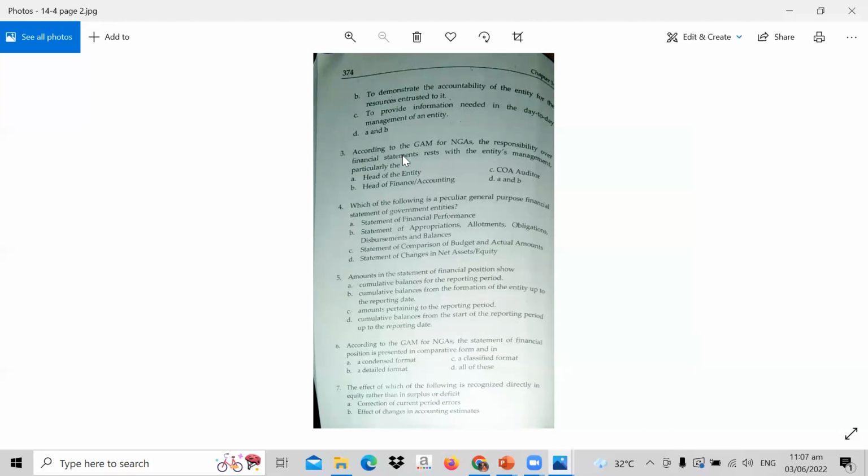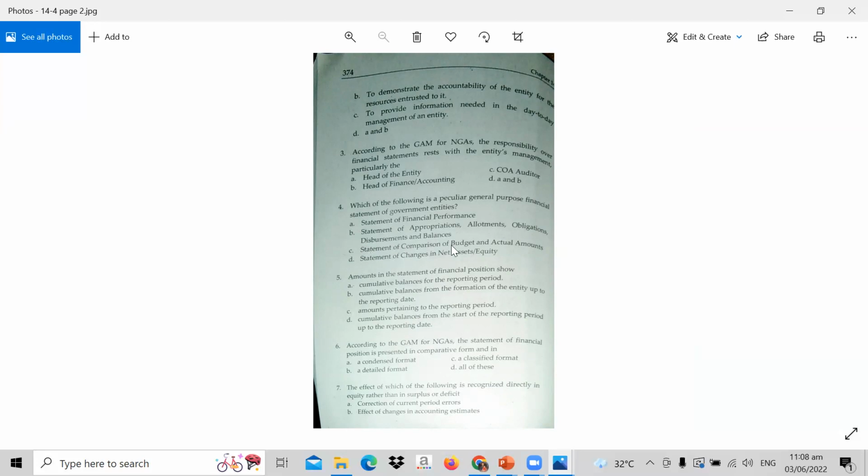Number 3, according to GAM for NGAs, the responsibility over the financial statement rests with the entity's management. Particularly, our answer is the head of the entity, or at the same time, the head of finance and accounting. So that's letter D, A and B. For number 4, which of the following is peculiar to the general purpose financial statement of the government entity?